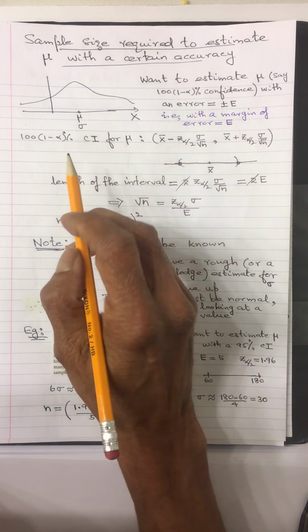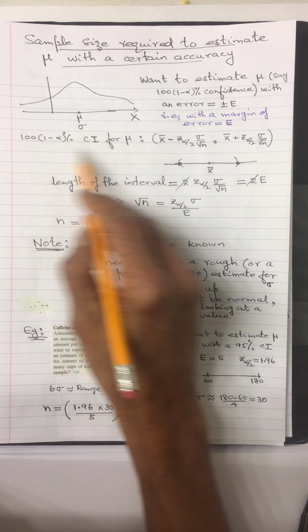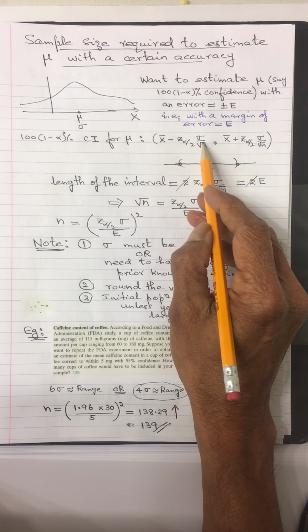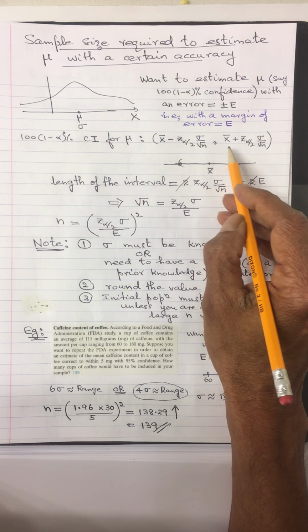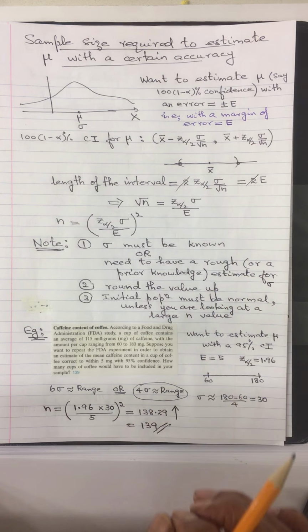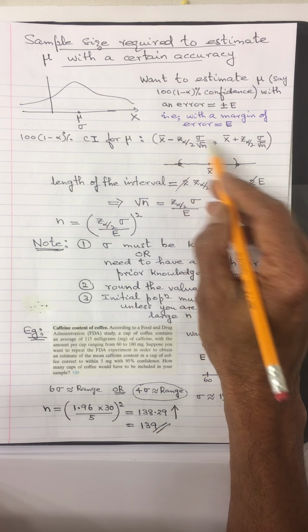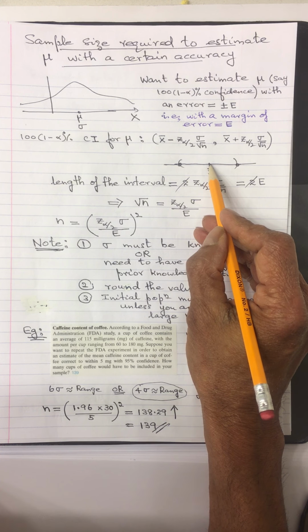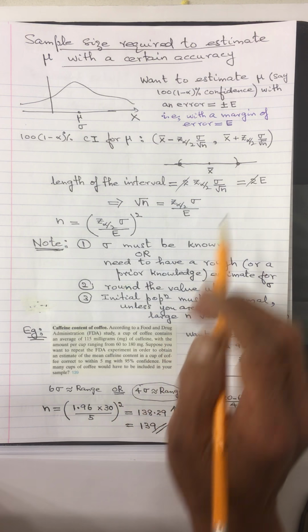When you end up with a confidence interval, your interval goes like x bar plus or minus z table value times sigma over square root of n. This plus or minus part is what we call the margin of error. It's centered around x bar, the average.